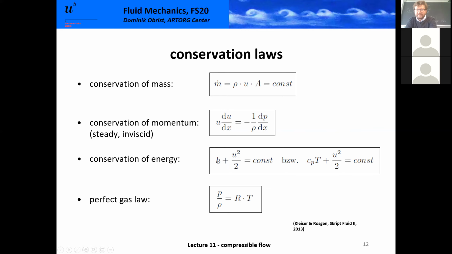Or we can replace H by CpT, and that should be constant. So this is the third equation that we need. And in addition, just for completeness' sake, I also listed the perfect gas law, which relates the different quantities with each other. So this is a set of equations that we need for understanding compressible flows.